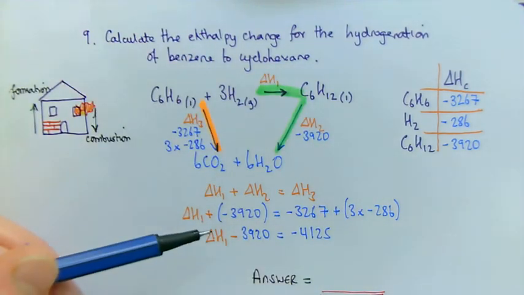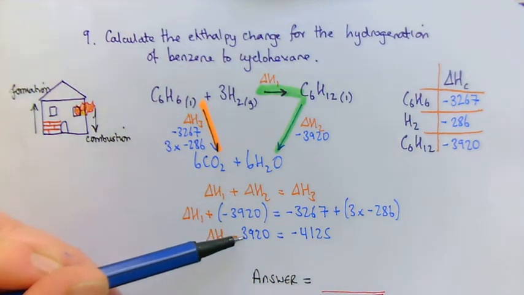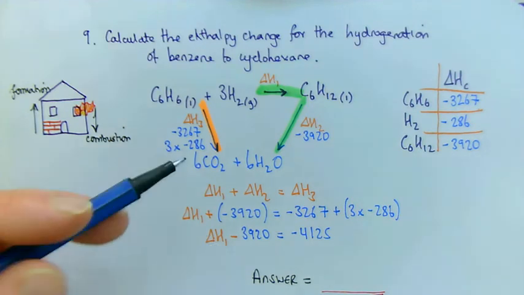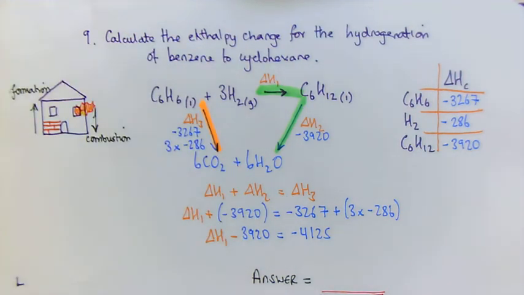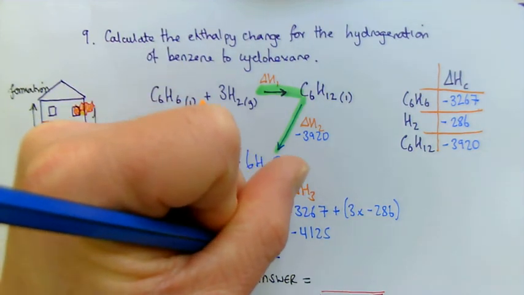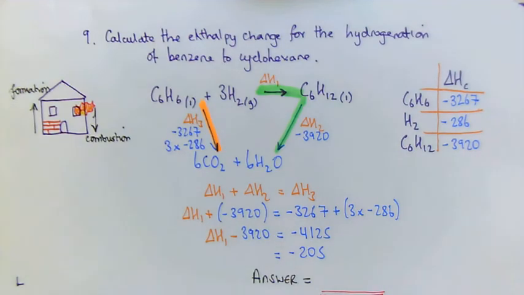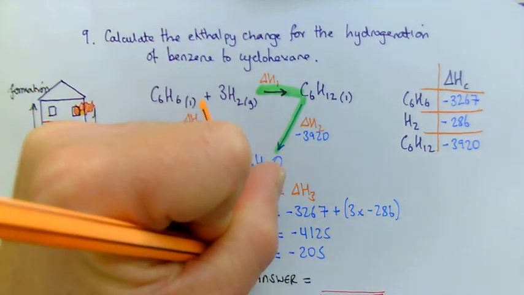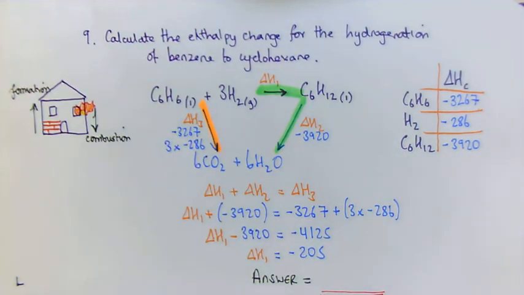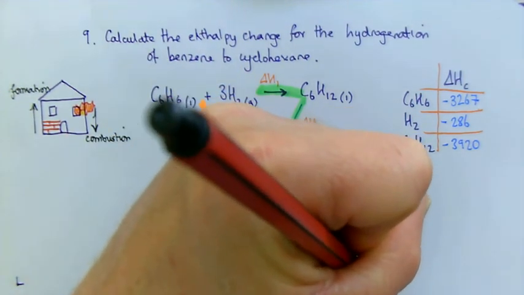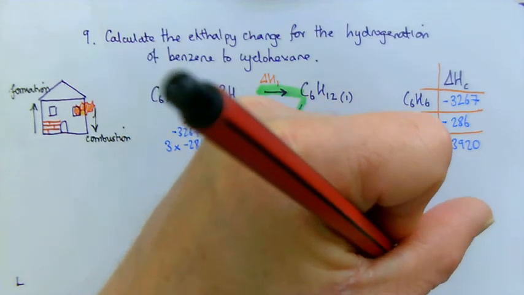So hopefully now you can see, if we add on 3920 to both sides, we'll get delta H1 on its own. So we should end up with that equaling minus 205. So delta H1 is minus 205, so your final answer is minus 205 kilojoules per mole.